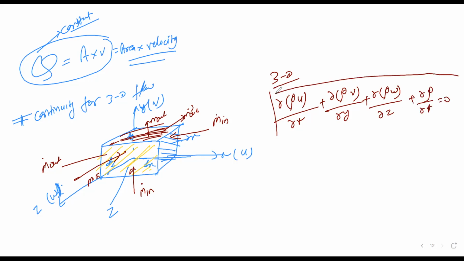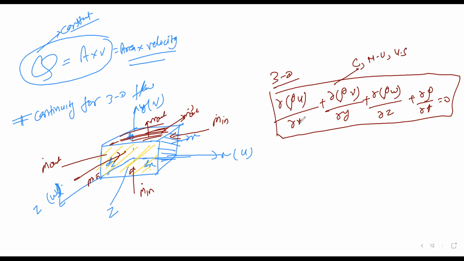This is a three-dimensional continuity equation that is valid for compressible flow, uniform flow, non-uniform flow, we can say that. That is all types of flow. So it's compressible, non-uniform and unsteady flow.